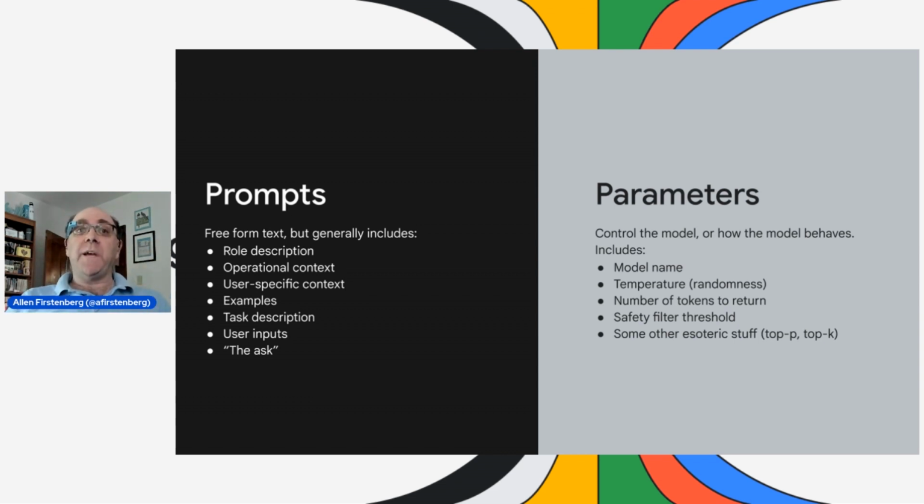Maybe user-specific context. They like to ride a bicycle. In a lot of cases, we can give it examples. And this really, again, helps set it up for what the structure is going to be that we are expecting the LLM to return. We want to give it task descriptions. And then most important, we want to give it other user inputs. And then finally, what's the ask? What do we want it to give back to us, given all of this other information contained in the prompt?